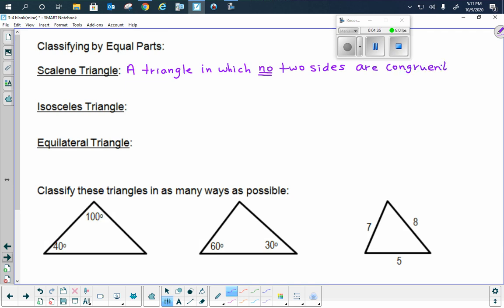And what does congruent mean again? Remember, congruent means equal. Okay, so a triangle in which no 2 sides are equal. All right, so if I was just drawing an example for you, you can come up with anything on your own.